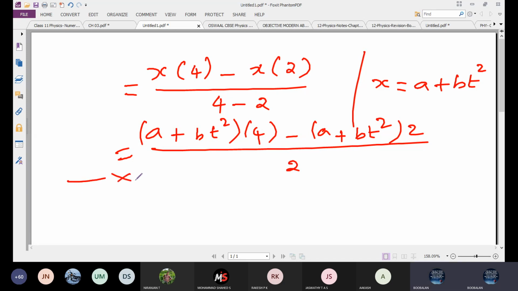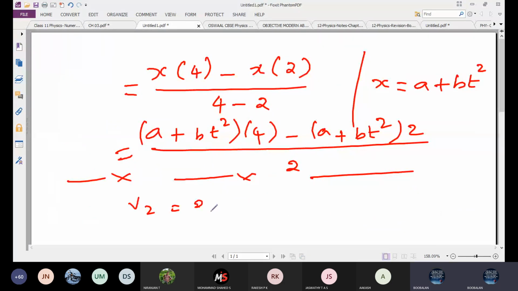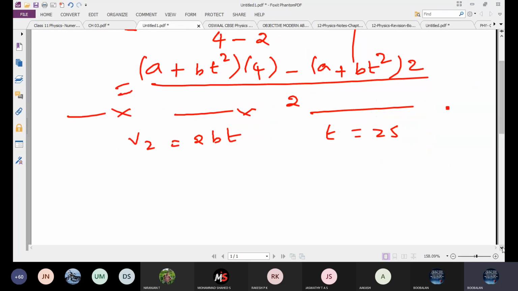Otherwise, an alternative method is also there. In this method, we'll try the V2 value, 2bt. T value 2 seconds. 2 into 2.5 into 2.